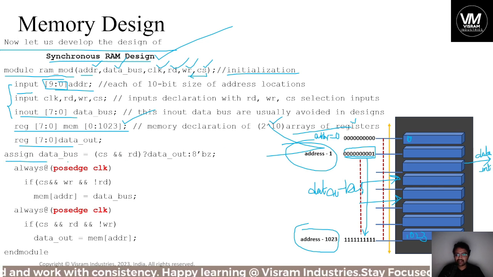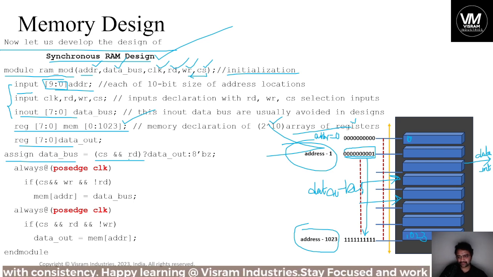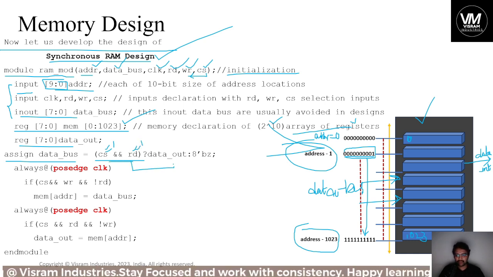And assign data bus with the condition CS and read, because when you select this memory the chip select should be 1, and read should also be 1. If both are true, you can send the data to data out. So whatever the data out consists of can be taken from the data bus.